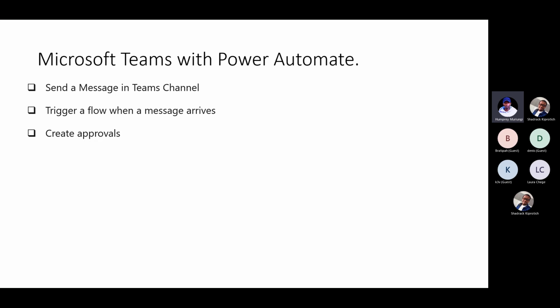That is where the scheduled flow comes in. Because you have scheduled the flow to occur at a certain day at a certain time that you have specified. You can also trigger a flow from a message alert.